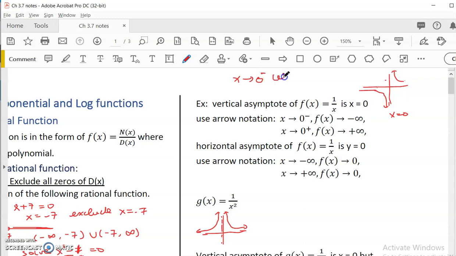That means left side, left of 0, smaller than 0. When it is x approaches 0 plus, that means on the right side, right of 0. What happened to y? y goes to infinity. So we can describe the behavior. This is not the end behavior, but the behavior of the graph near the vertical asymptote. It shoots down and then shoots up. Okay. Increase without bound or decrease without bound.